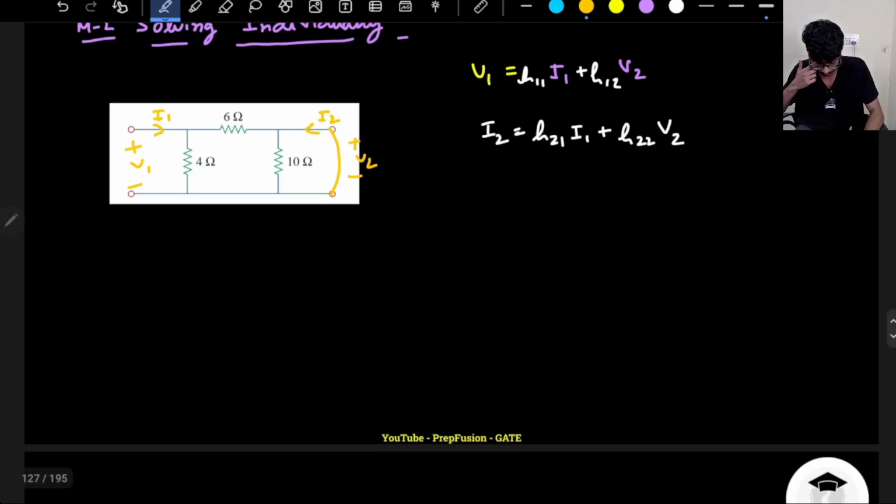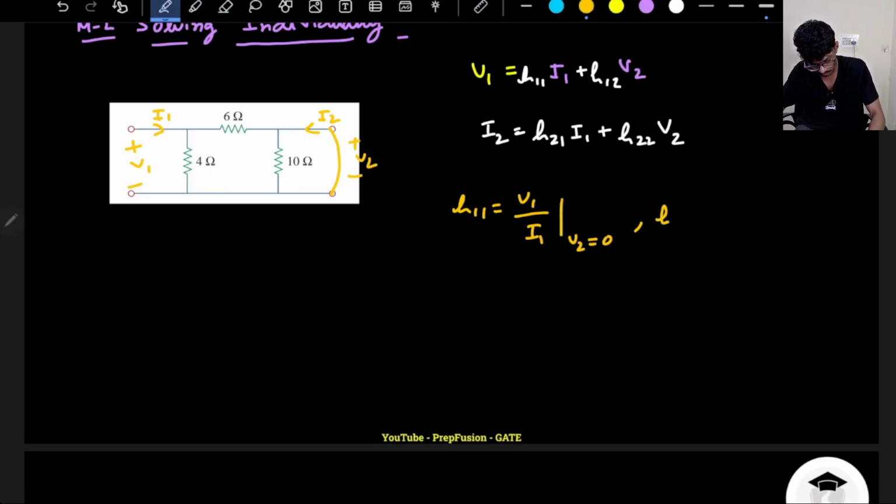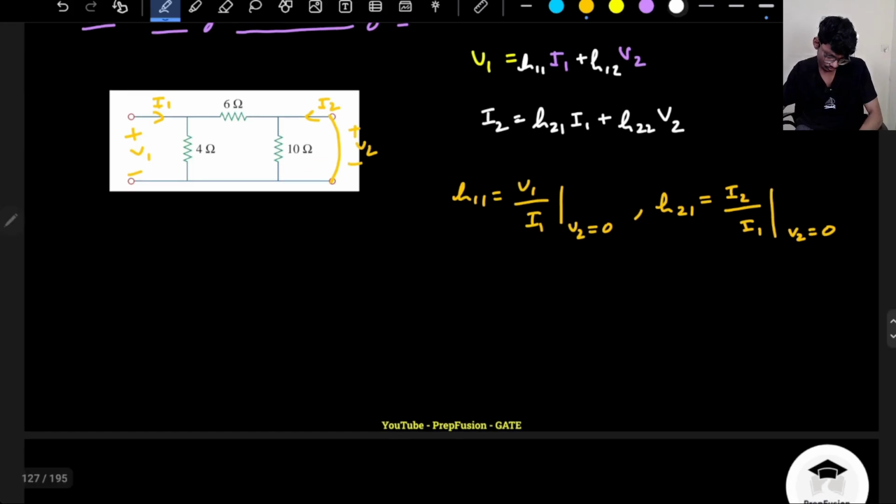If I make V2 0, I am talking about H11, that is V1 by I1 at V2 equal to 0, and H21, that is I2 by I1 when V2 is 0.